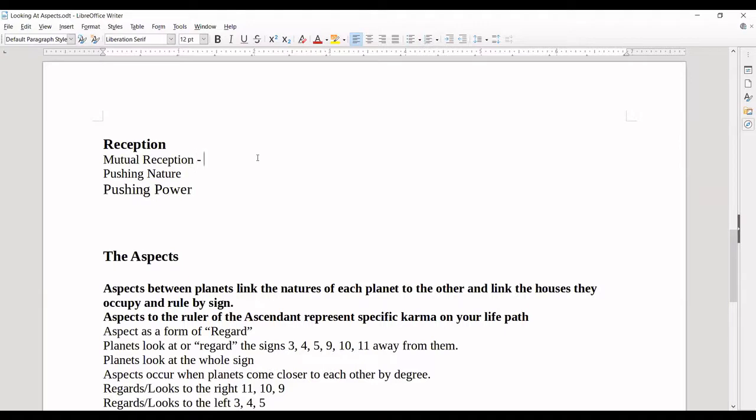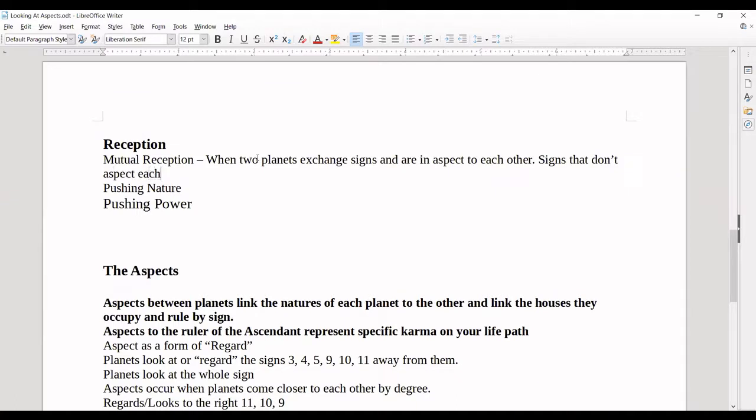So mutual reception is when two planets exchange signs and are in aspect. Now, this is the part that you didn't know. They are in aspect to each other, which means that signs that don't aspect each other aren't in mutual reception.